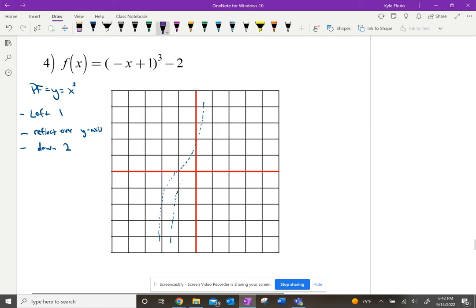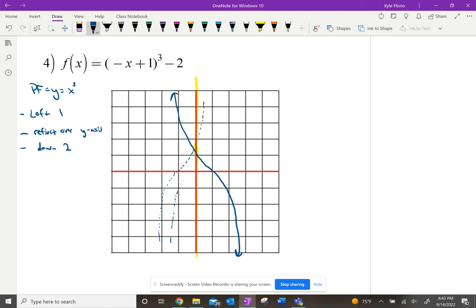So this is the y-axis. Let's make that nice. So what that's going to look like is, it's going to come down kind of like that. This point's going to get reflected over here, so I'll do this again. And then we're going to come down.